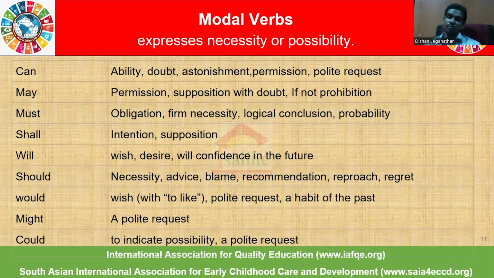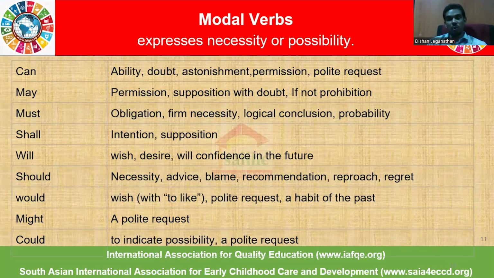Must is used for obligation, firm necessity, logical conclusion, and probability. Shall is used for intention, supposition. Will is for wish, desire, will, confidence in the future. Should: necessity, advice, blame, recommendation, reproach, regret.